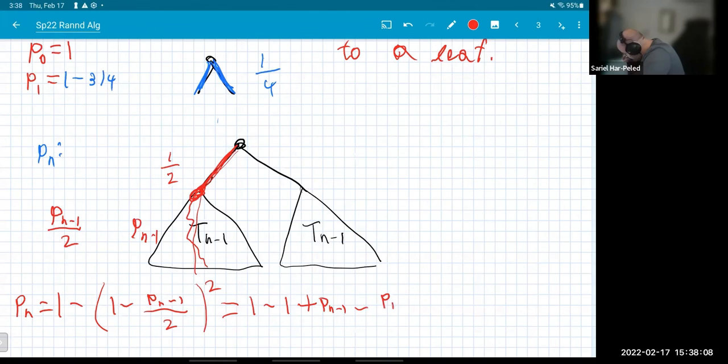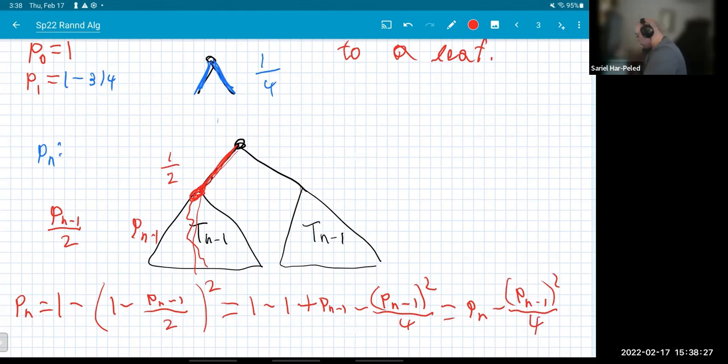Minus pH minus 1 squared over 4. Okay, the one cancels out, so this is just pH. Okay. So now we got the exact probability of success. Any questions on this?